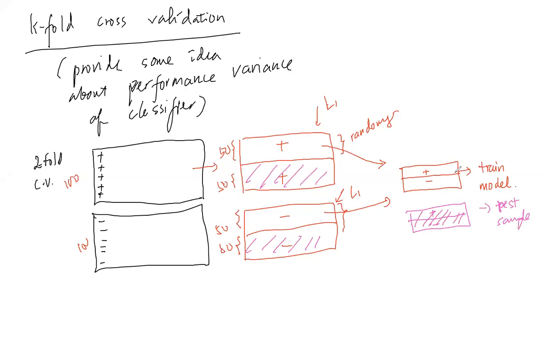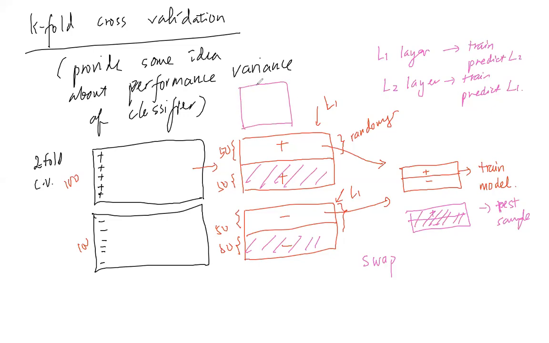After you're done with this, you swap. So you use the L1 layer to train, then you predict L2. Then you reverse it. You take the L2 layer to train, and then you predict L1. So this is a twofold cross-validation. When you do so, you will have a table like this.